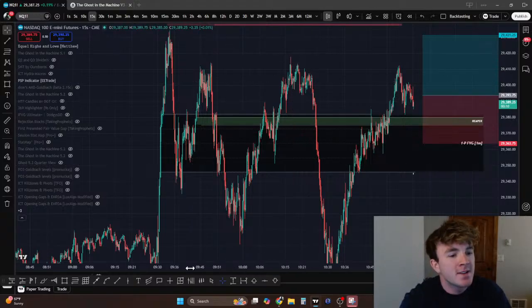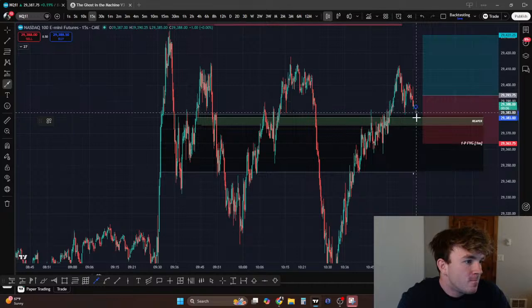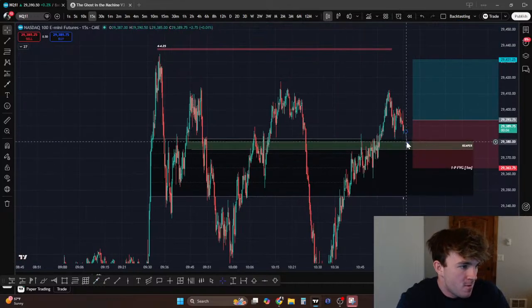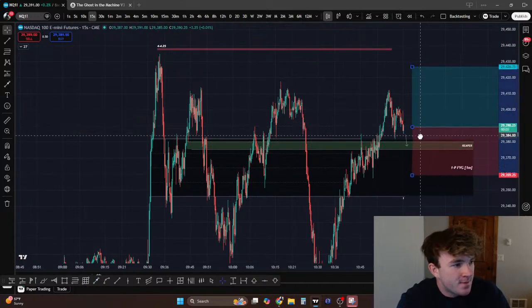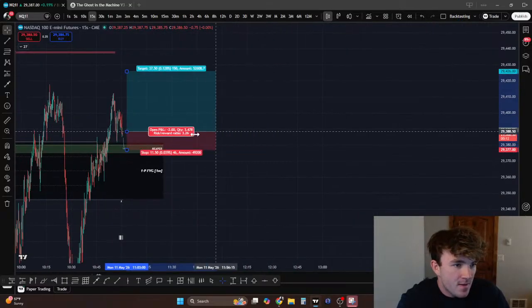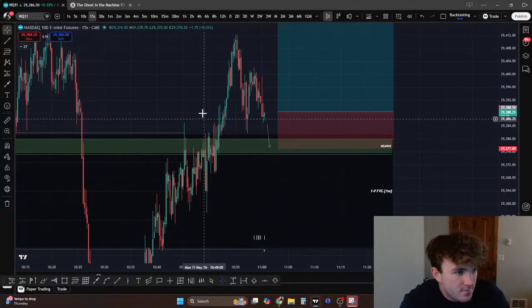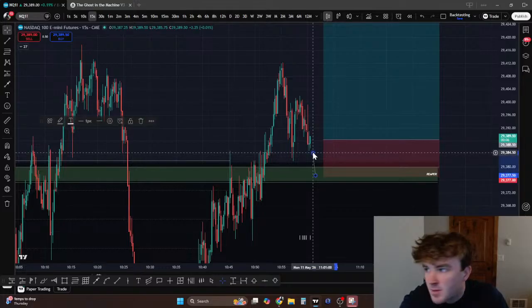So what I'm thinking is like this. Internal sweep and then outside bar. Maybe with SMT as well.